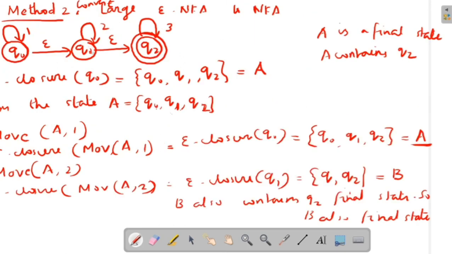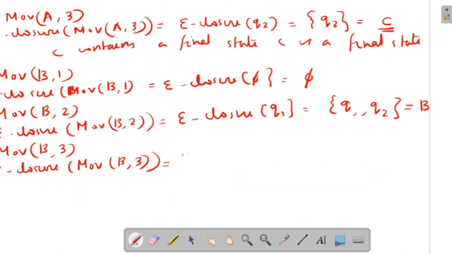From q1 there is no 3 transition. From q2 there is a 3 transition, that is q2 itself. So here it is epsilon closure of q2. Epsilon closure of q2 is equal to q2 itself. Okay, q2 means C. Here no new states are generated.